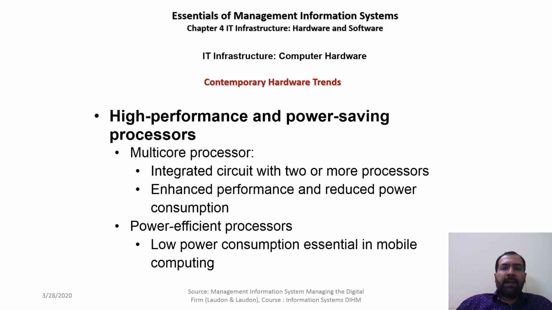High performance and power saving processors. So in processing, of course, the capability of processors is being enhanced over a period of time. If you go back and see the history of the last 3, 4 or 5 decades, what happened is that with the passage of time, the technology is enhanced, the processing capability is enhanced, and the hardware is reduced or shrunk.